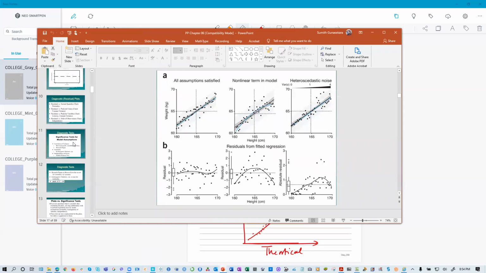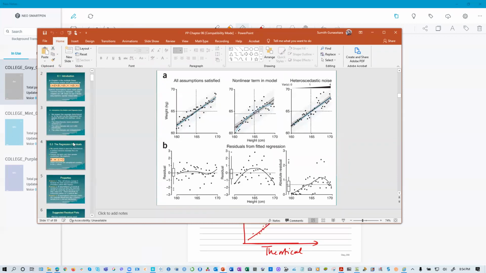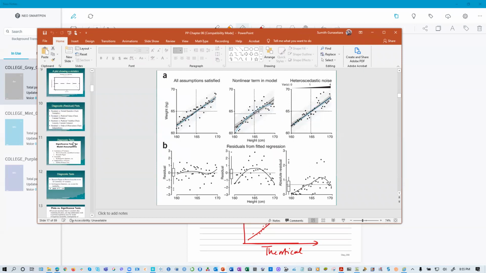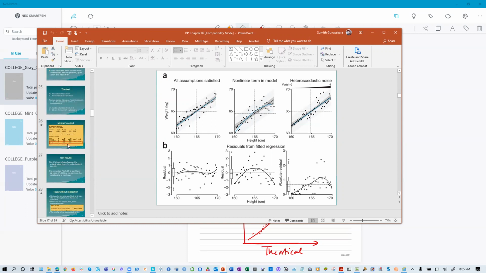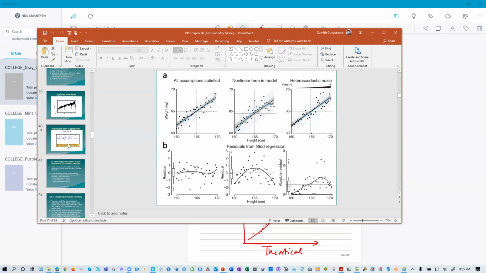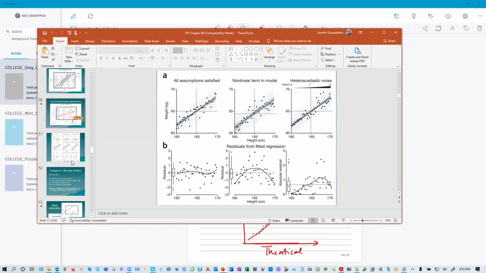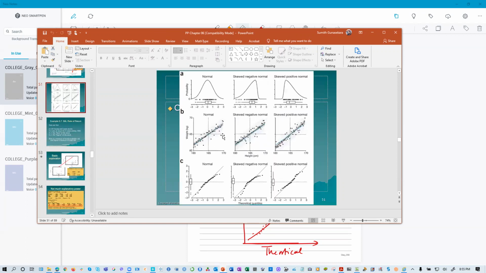Over here we have another one. This one you can see clearly. Here you have the residual, the standardized residual.